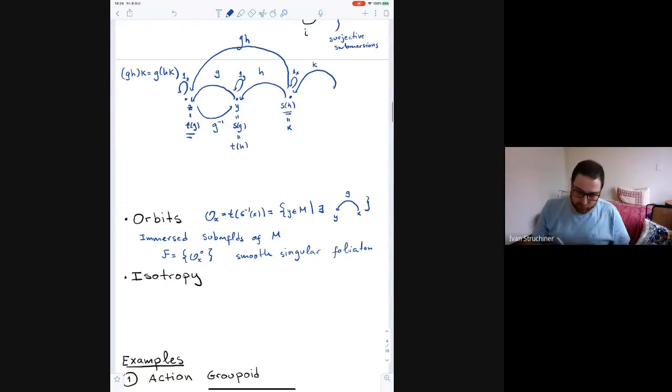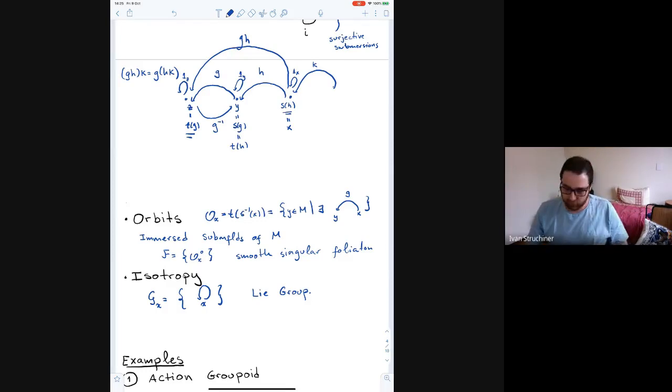And the other structure that you have associated to a groupoid is the isotropy groups. So if you look at a point X, you can look at all arrows which start and end at the same point X. And these form a Lie group with the product given by the product in the groupoid, right?